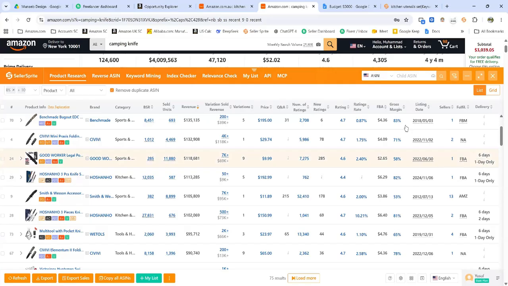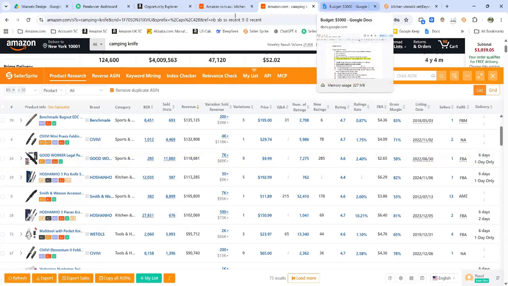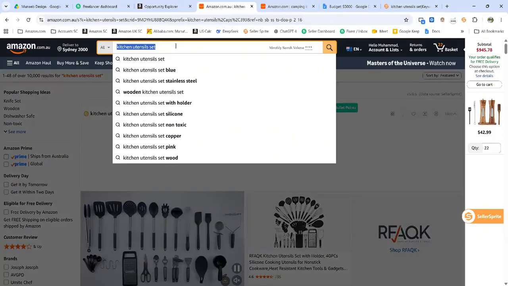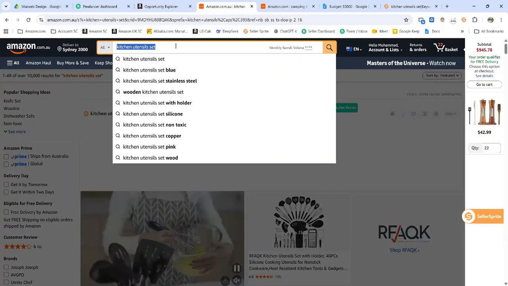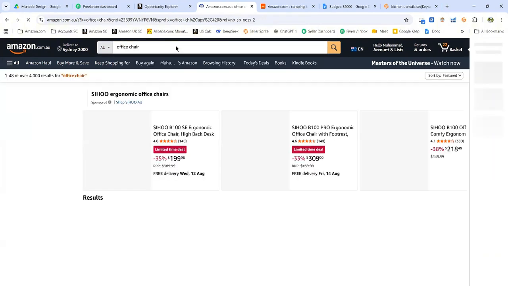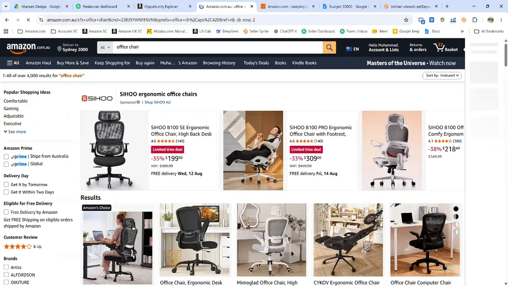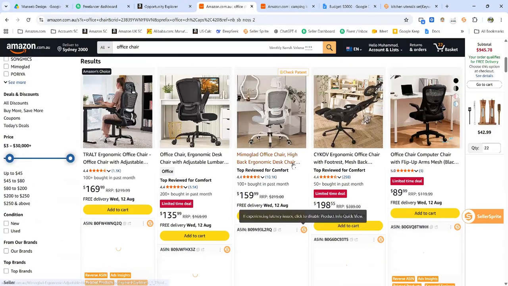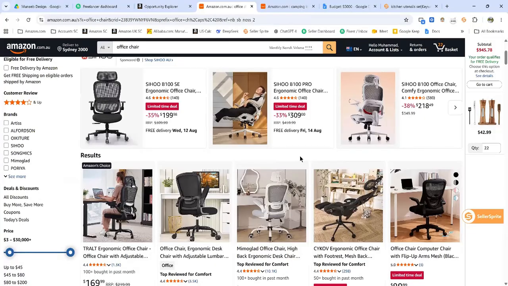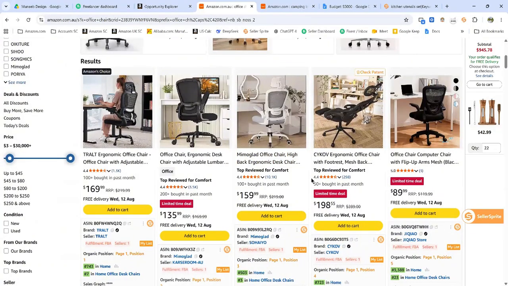Why do we discuss FBA? Because if it's a sort of product like, let's say, office chair, in this product you may see most of the sellers as FBM because this is a sort of bulky product, and sellers usually prefer to do FBM for such products compared to FBA because FBM is usually cheaper for bulky products.